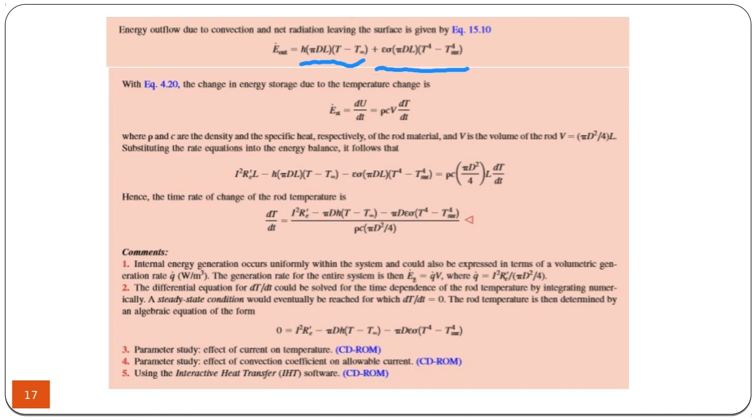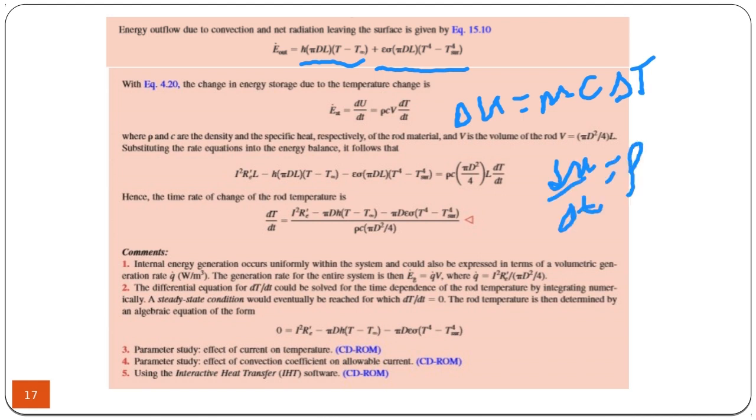What is the storage of energy, dU/dt? U is m C delta T, so dU/dt is rho C_v dT/dt.